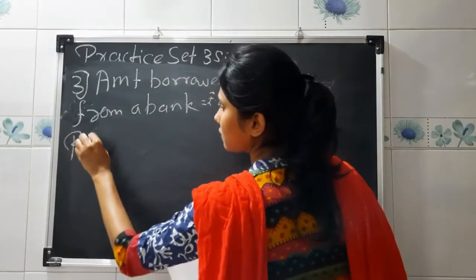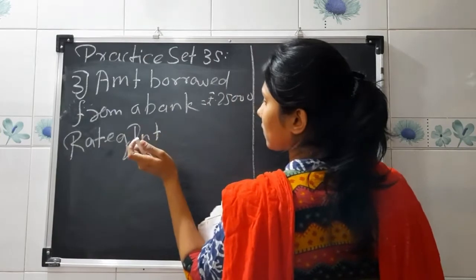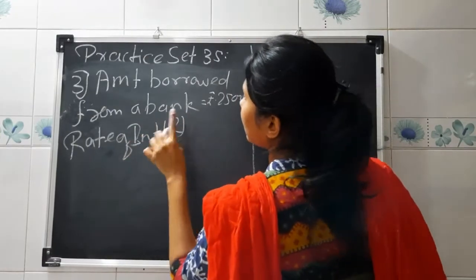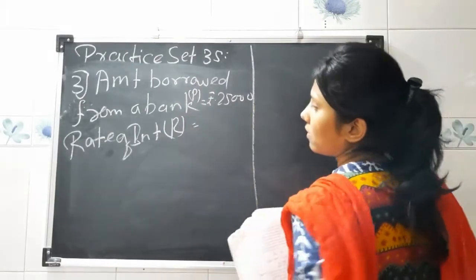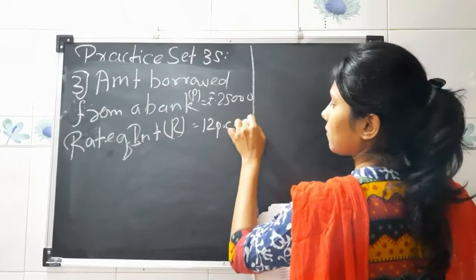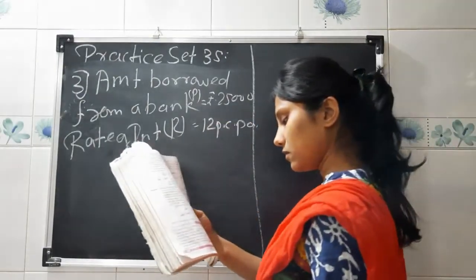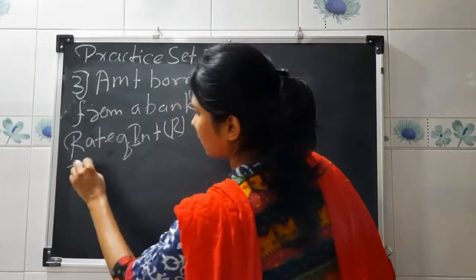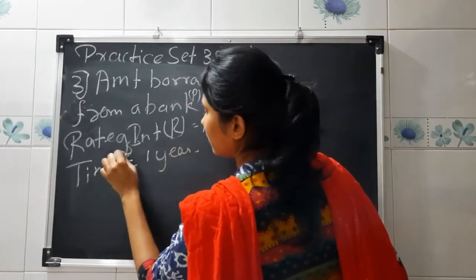Rate of interest, that is R. Here the amount borrowed from a bank means it is the principal amount. Here also the time taken is 1 year, T.